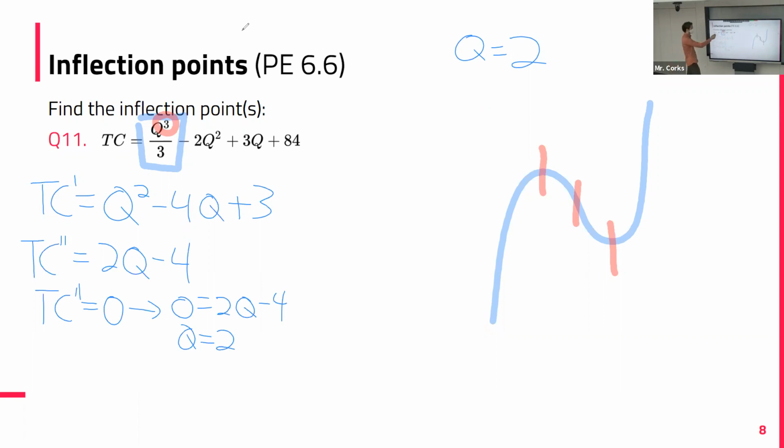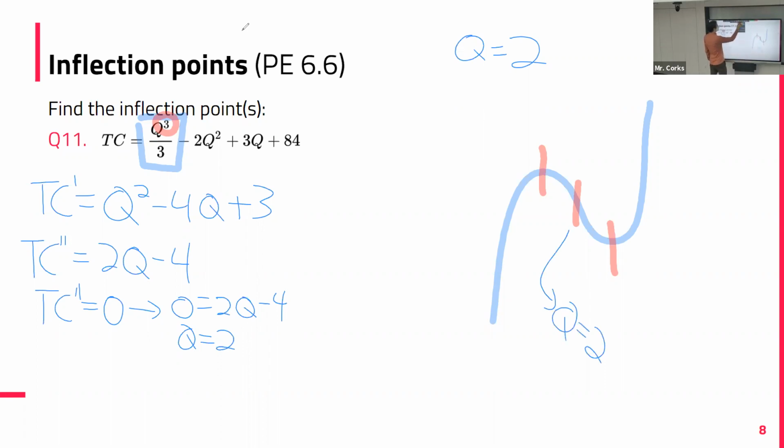So finding these inflection points often isn't actually that bad, because our function here has Q cubed, and by the time we do 2 derivatives, there's no more exponent. It's just Q, or exponent of 1. So pretty easy to solve. Q equals 2. We have an inflection point here.